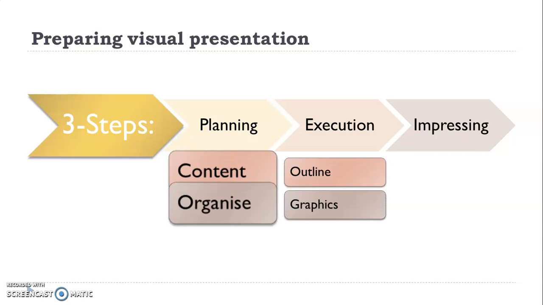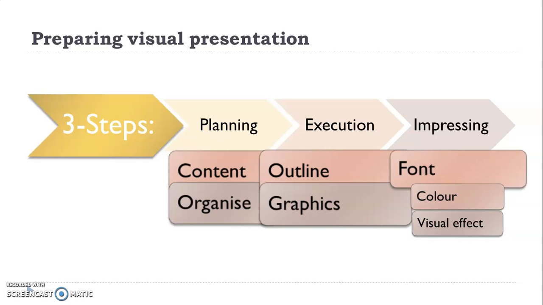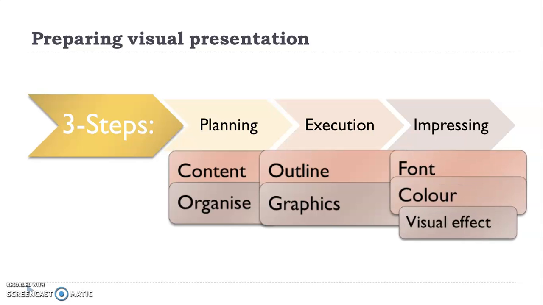The other aspect is execution. Execution includes the outline of the content as well as the graphics, which is most important. Then comes the part of impressing the audience. The choice of font, color and visual effect can make your presentation impressive.